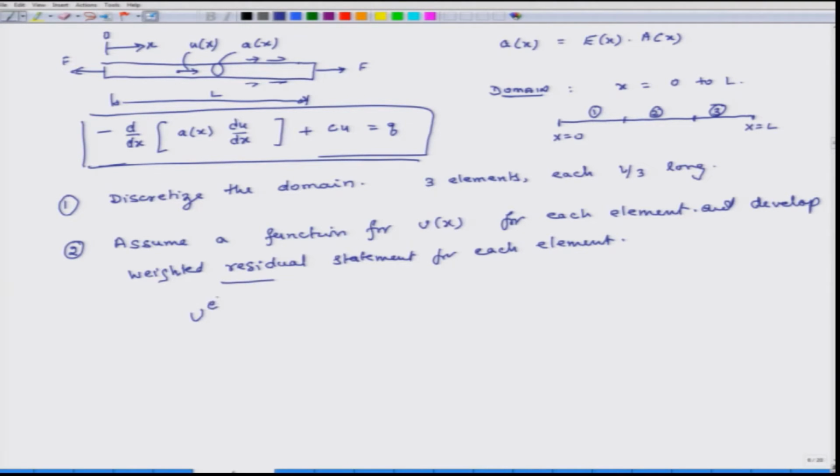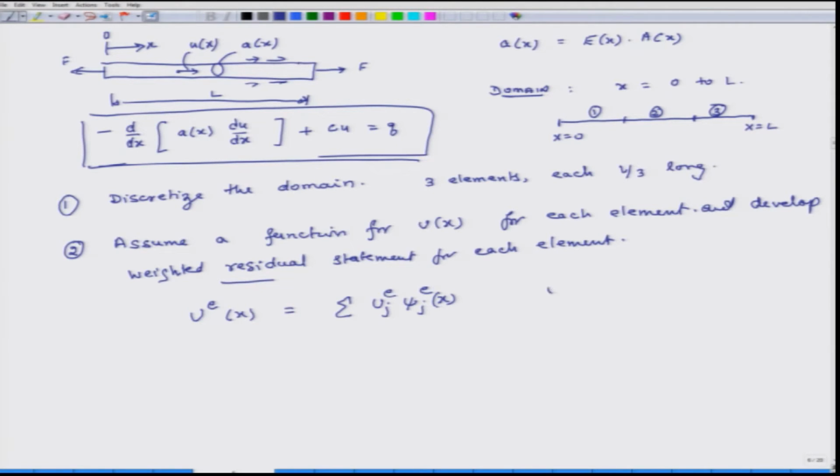For each element, u is varying over the length of the element. So, this is nothing but some interpolation functions times u_j for each element.